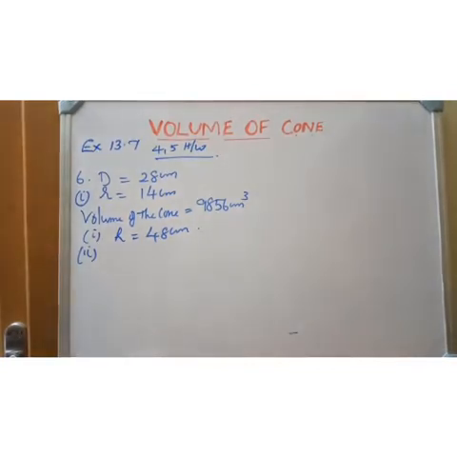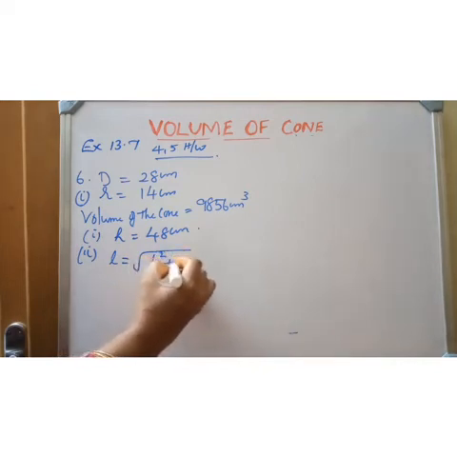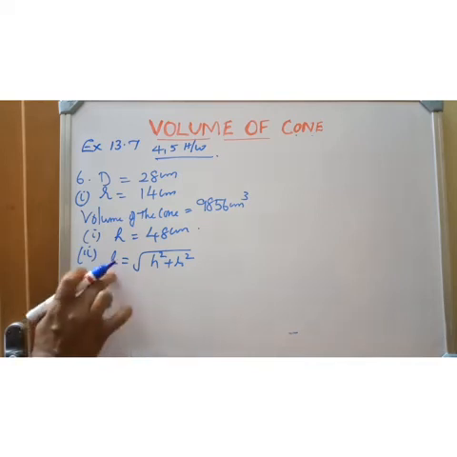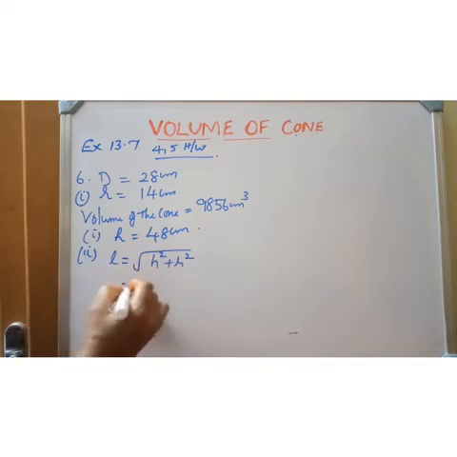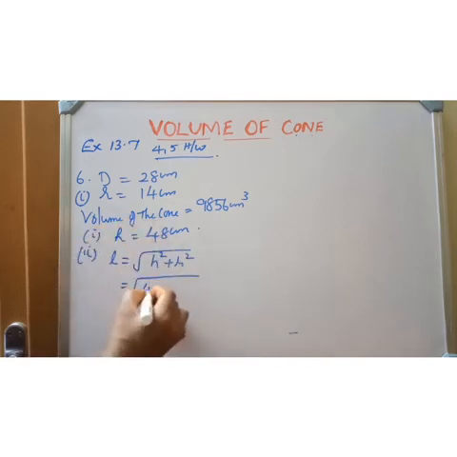Now let us see the second part of the question, slant height of the cone. So slant height L, what is the formula? Square root of h square plus r square, because slant height is the longest. Okay, longest measure is slant height. So L equal to square root of h square plus r square. H we got from the first part of the question, 48.